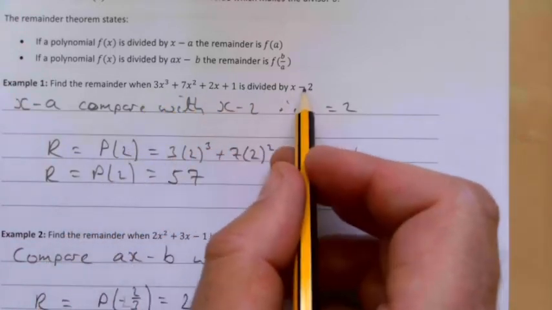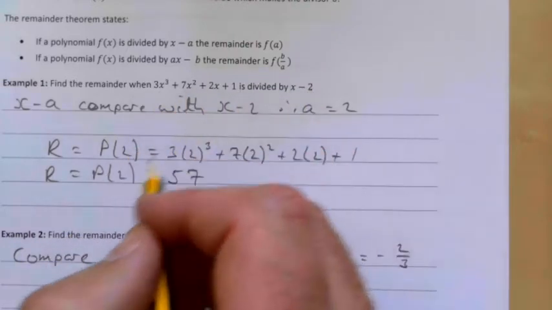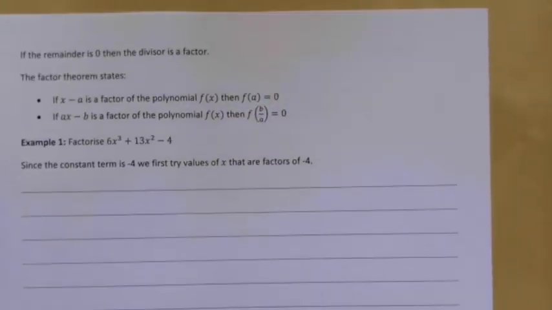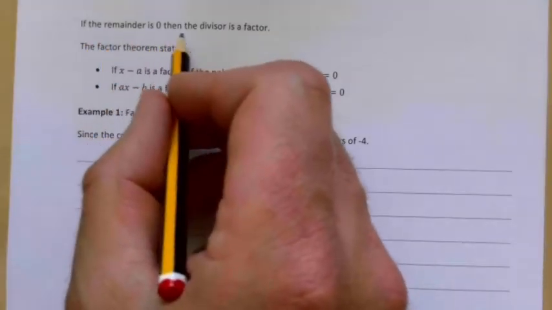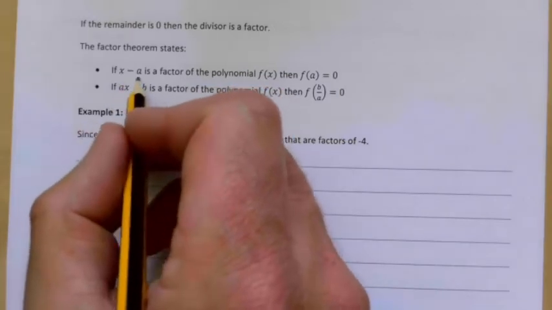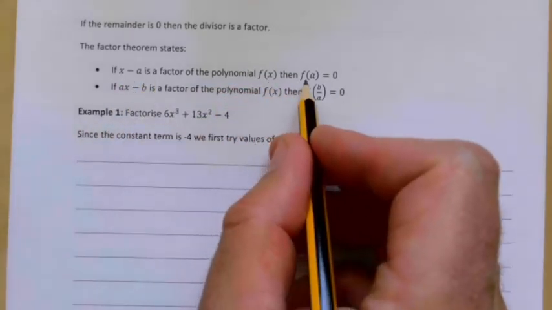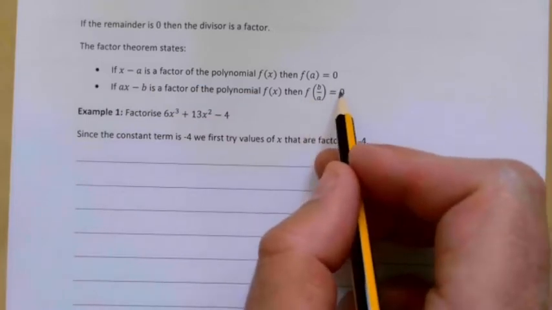So if we substitute a number, not 2 for example, into this and it gives us 0, that means there's no remainder, that means it must be a factor. And that's effectively what the factor theorem states. So we can use that then to try and work these out. If the remainder is 0, then the divisor is a factor. The factor theorem states if x minus a is a factor, then f of a is 0. If ax minus b is a factor, then f of b over a is 0.